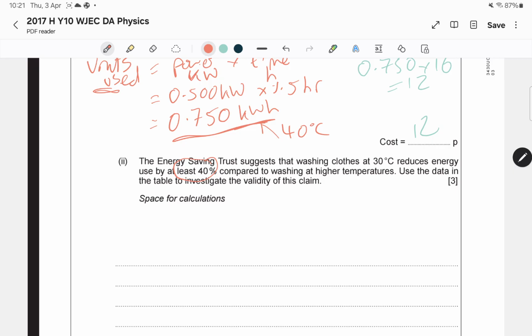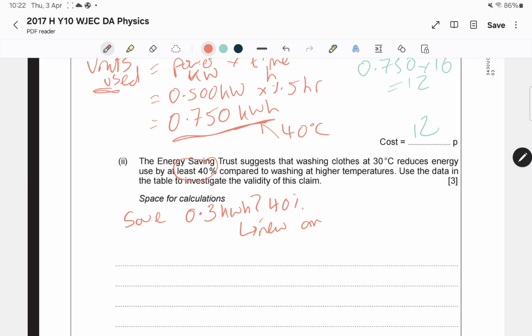So if we're going to save 40% of that, we would save 0.3 units. That's 40%.